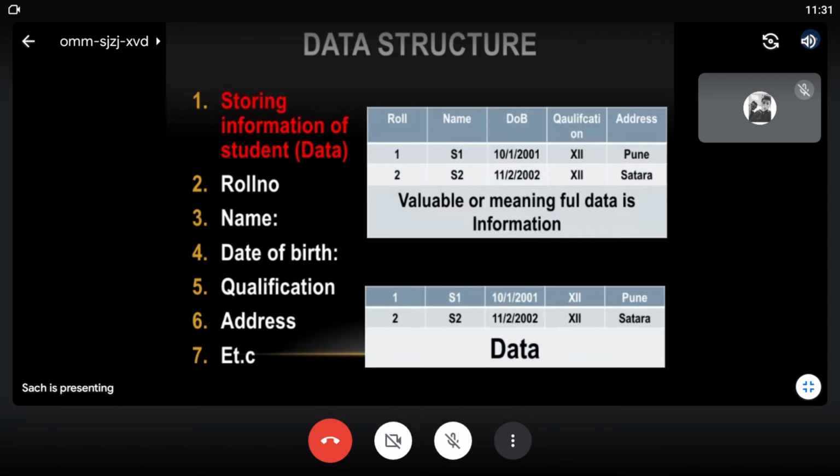So we can say record number 1 belongs to student 1. Roll number 1, S1, date of birth is 10/1/2001 and so on. So arranging of data is very significant using data structure.